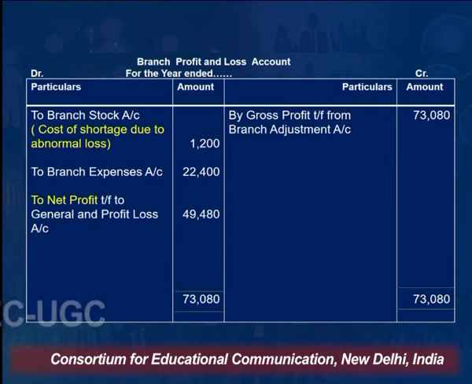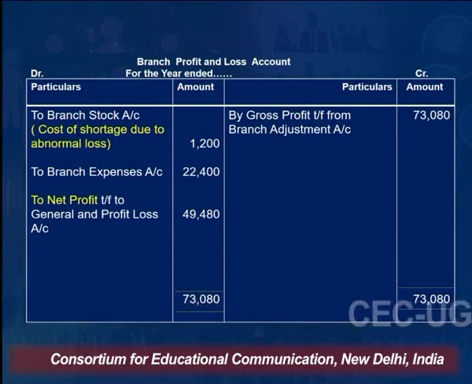All the expenses are shown on the debit side, and if there is any abnormal loss given in the question, the cost part of that abnormal loss is also shown on the debit side of this account. Then finally we arrive at the net profit, and this net profit which is earned by the branch is ultimately transferred to the general profit and loss account of the head office.